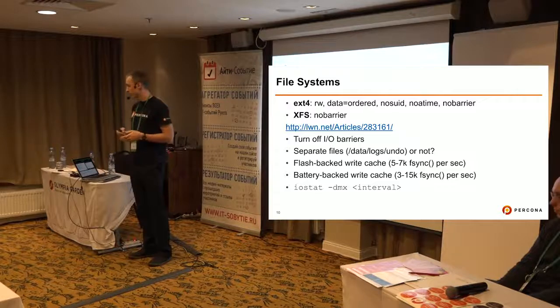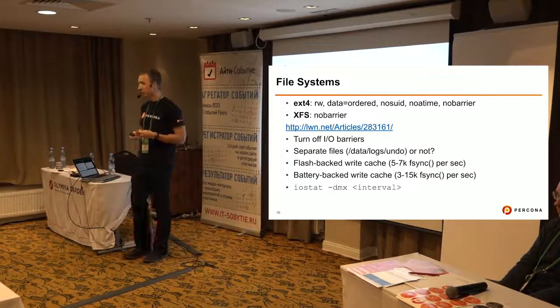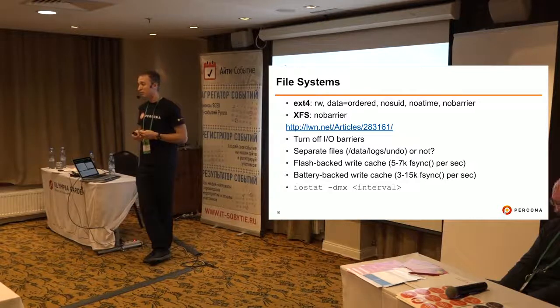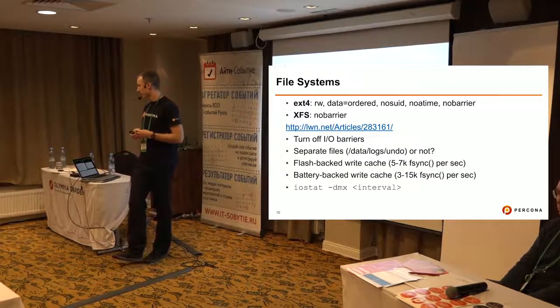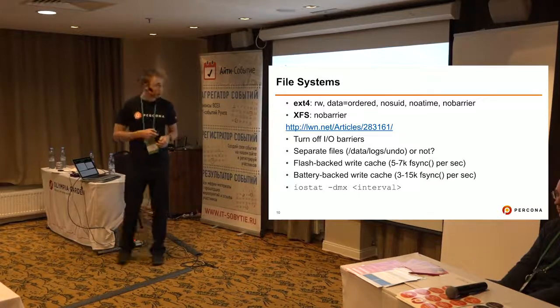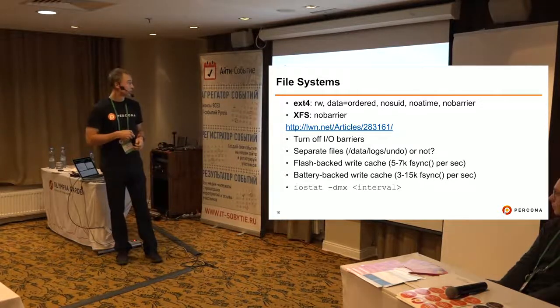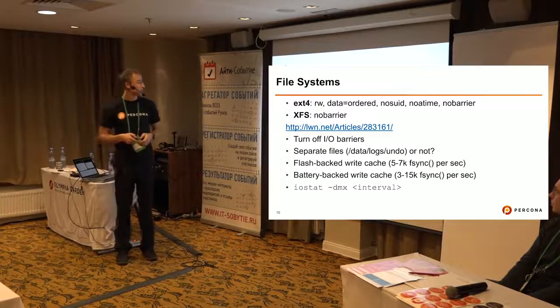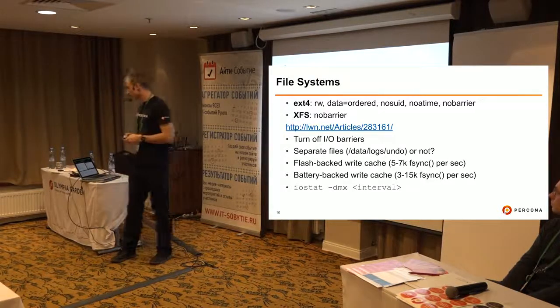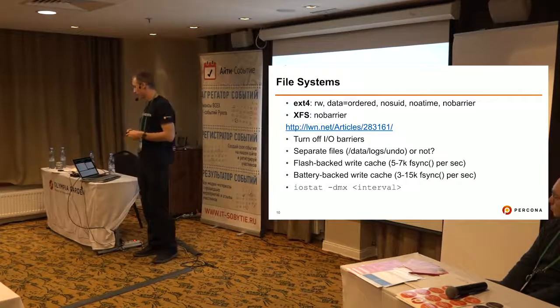When choosing the file system, you have to obviously understand your mount options. So reading the manual page for mount is important. And as you can see, here we recommend turning off barriers in either case, which is an important option here.